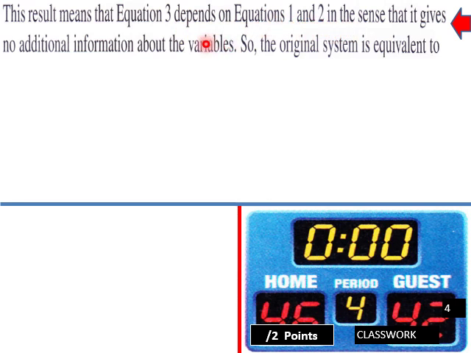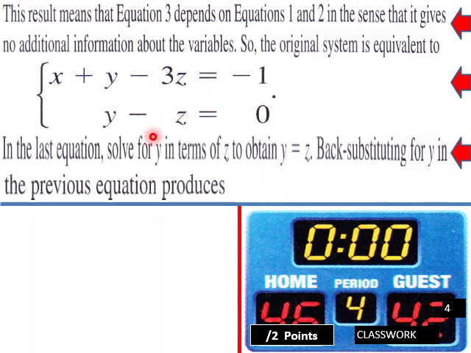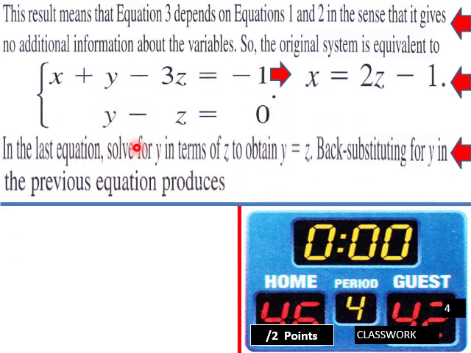In that sense, it gives no additional information about the variables. So the original system is equivalent to x plus y minus 3z equals -1, y minus z equals 0. So this should be our system instead of starting with the 3 equations.